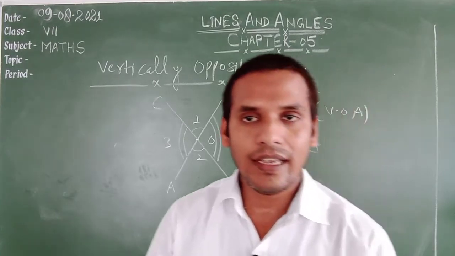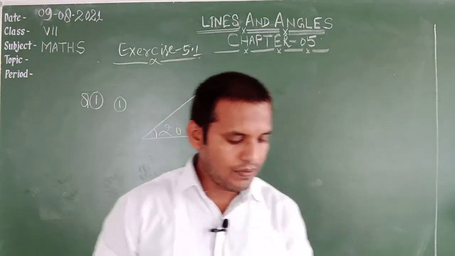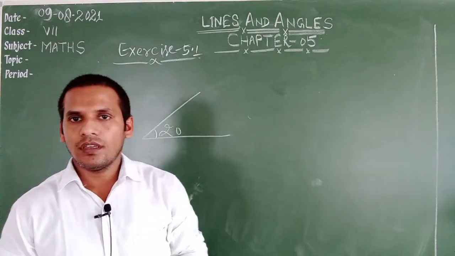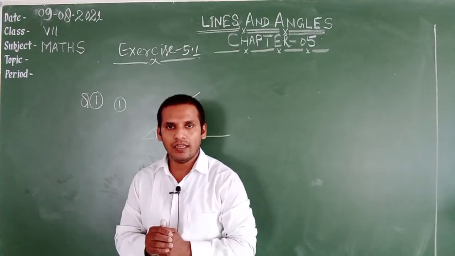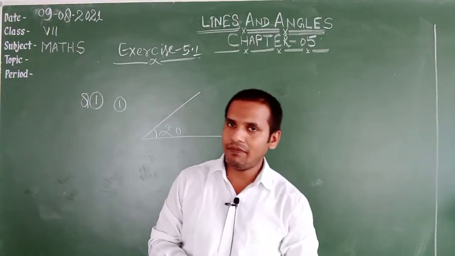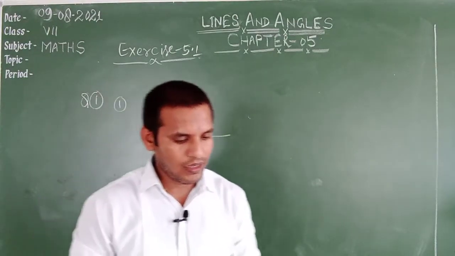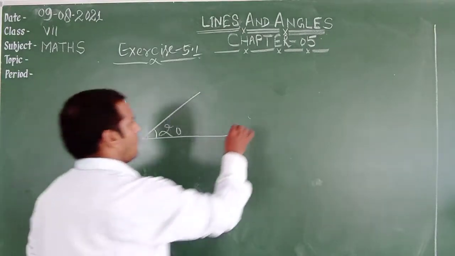Now let us start exercise 5.1. The first question of exercise 5.1 is to find the complement angle. We have already discussed what the complement angle is. If the sum of two angles is 90 degrees, then we can say it is the complement angle. If the first angle is 20 degrees, then what is the complement angle?